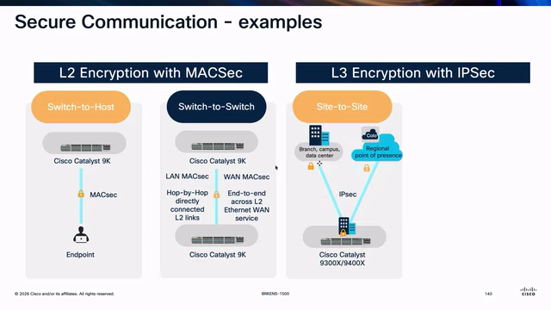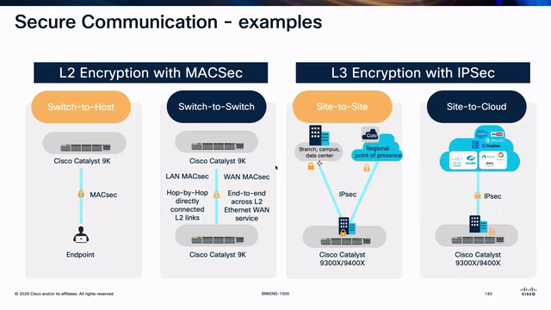You are likely aware of layer 3 encryption methods like IPsec, and you can span an IPsec tunnel between different devices or even to the cloud. From a Catalyst 9300X or 9400X, you can establish an encrypted IPsec connection seamlessly, so you don't need a router to do that.